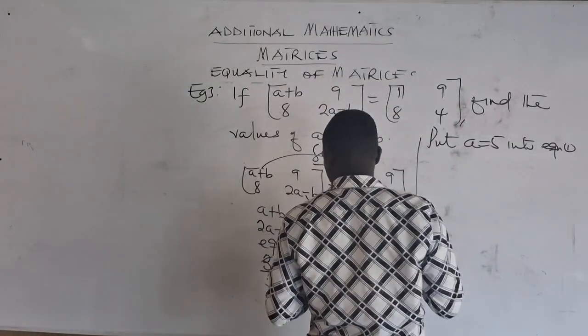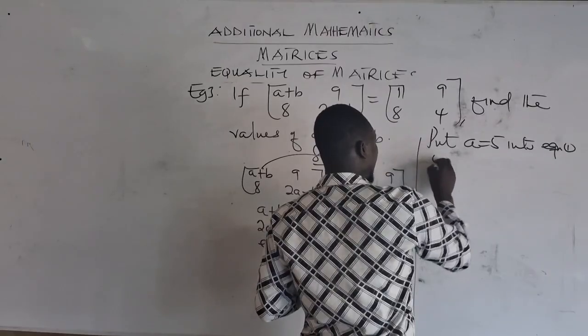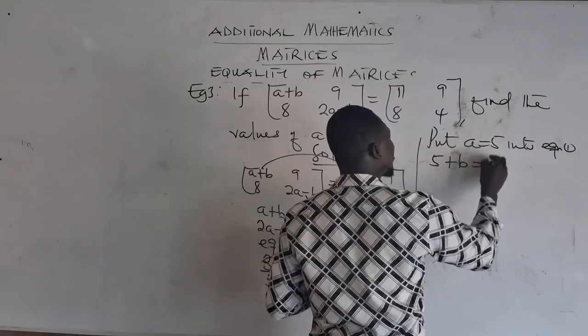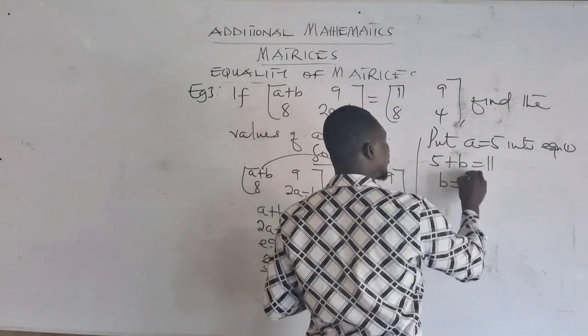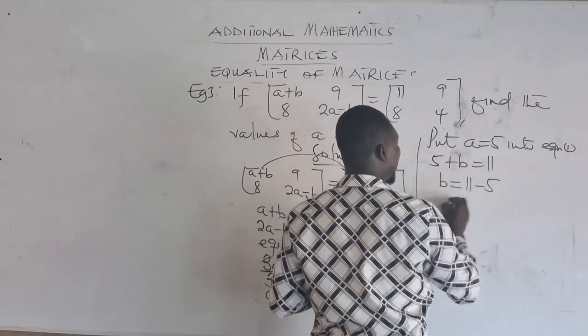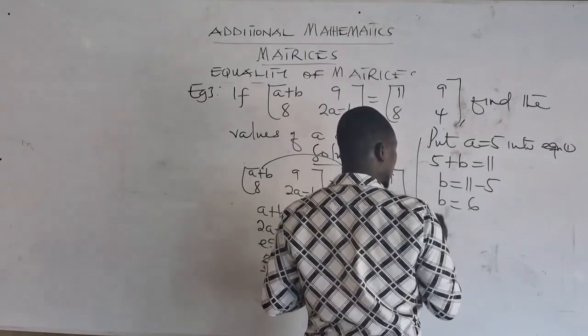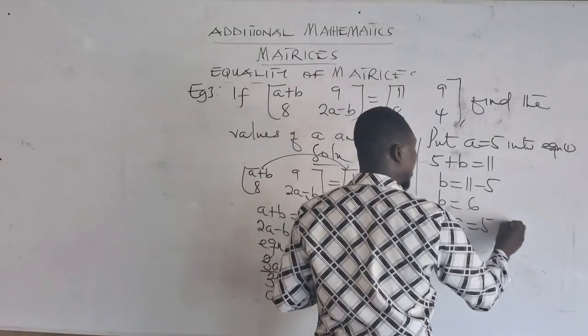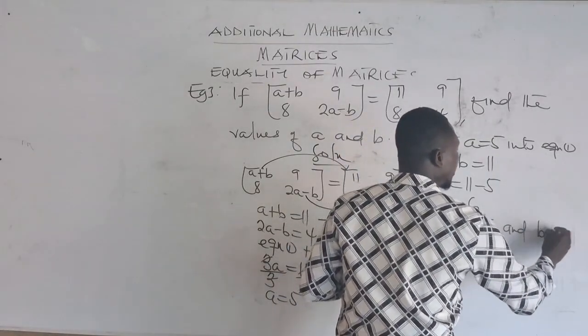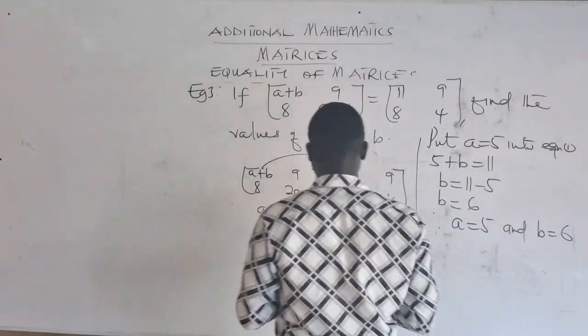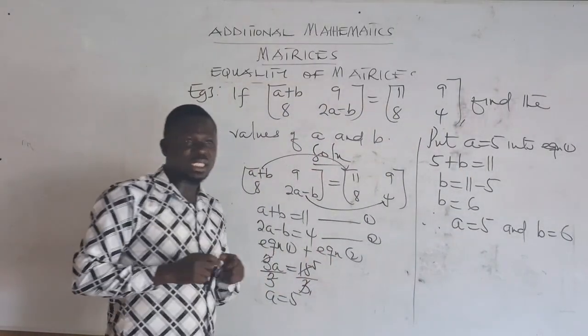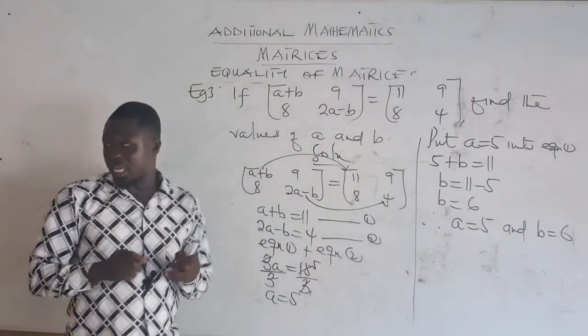In this case, we are going to have 5 plus b is equal to 11. So my b is now equal to 11 minus 5. b is equal to 6. Therefore, my a is equal to 5 and b is equal to 6. So these are the answers for a and b.